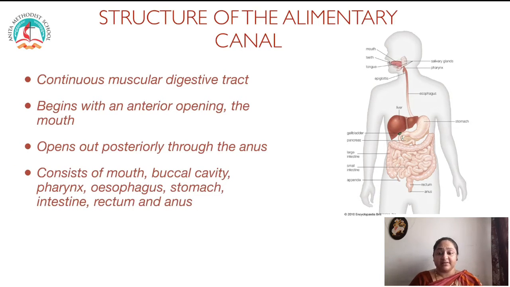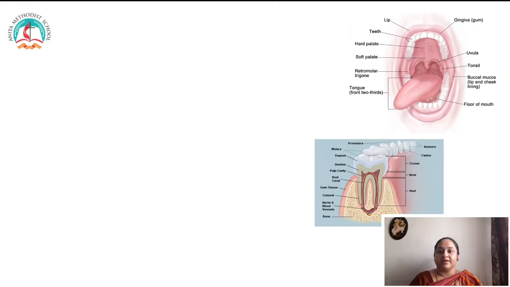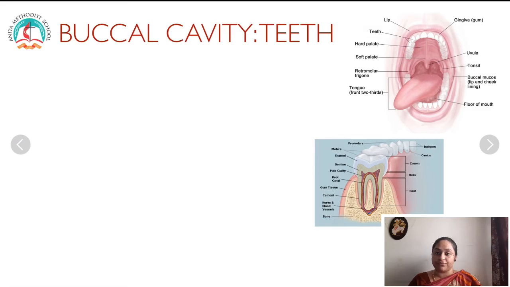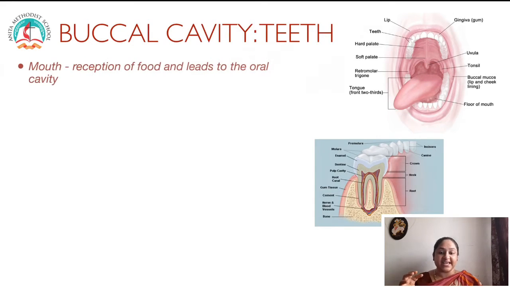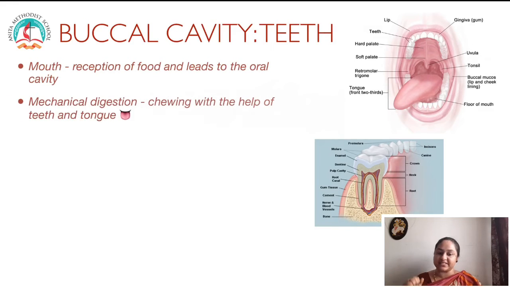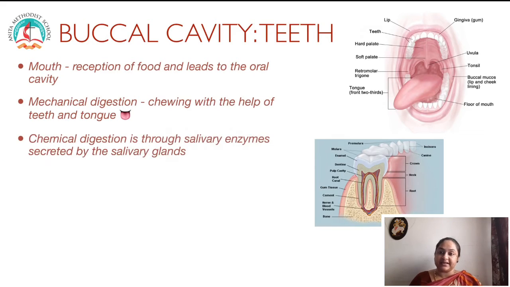So the buccal cavity starts with the mouth where the reception of food happens and leads to the oral cavity. Mechanical digestion, that is chewing with the help of teeth and tongue, happens here. Chemical digestion is through salivary enzymes secreted by the salivary glands.